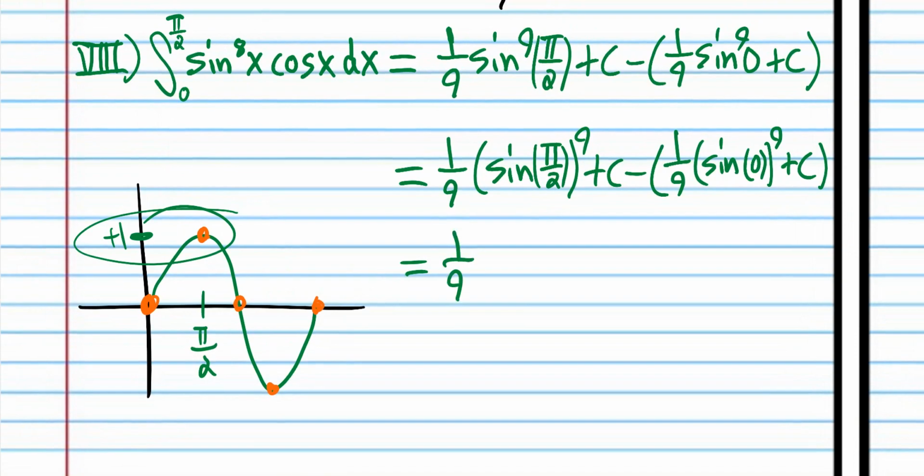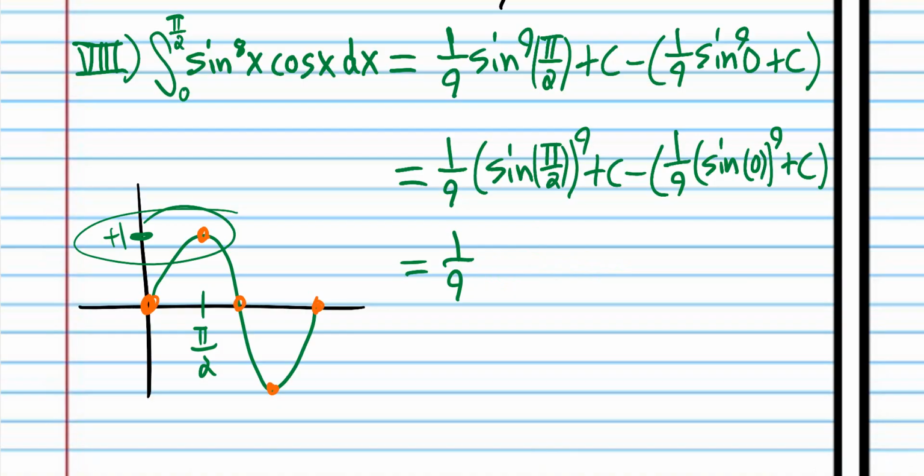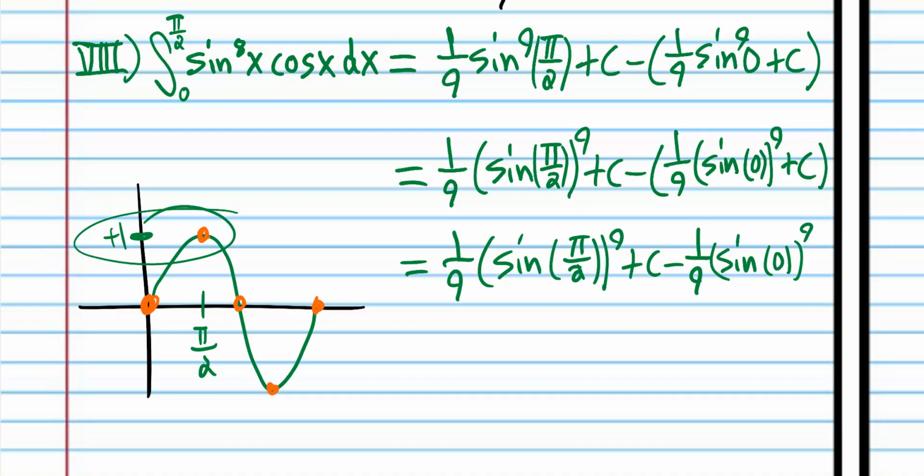So 1/9 times 1 to the 9th power plus c minus, and maybe before I actually find those values, I'll just distribute the negative just to go slow here. So we have minus 1/9 sine 0 to the 9th minus c.